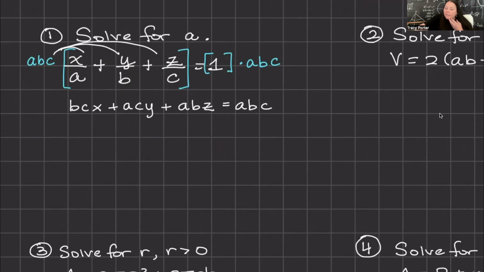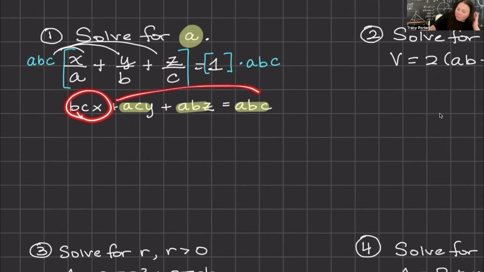Now, always it's important to look for the variable that you're trying to solve for, which in this case is A. And A is actually present in three of the terms. So when this happens, you want to group all of those terms together on one side so that you can then factor the A. So we're going to put the BCX term over here and we'll move the ABC term over here.